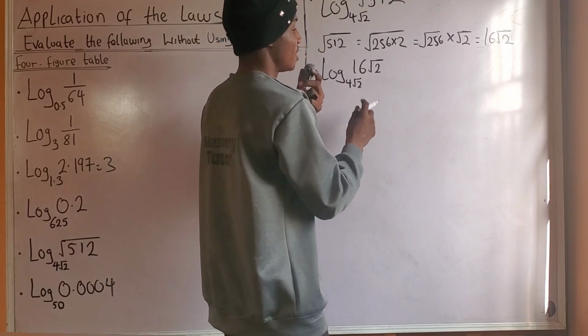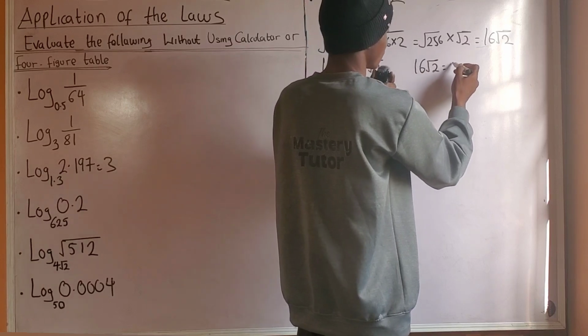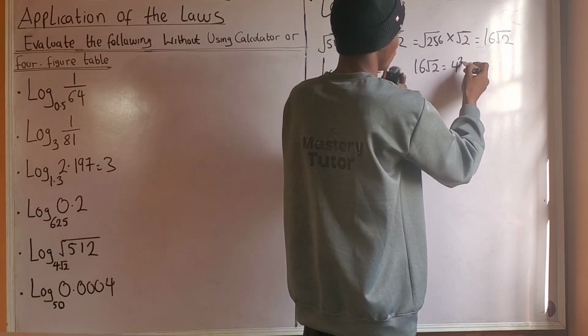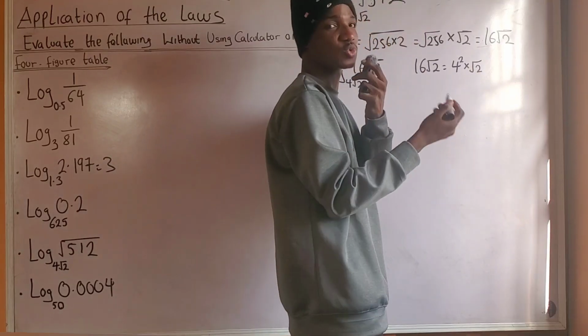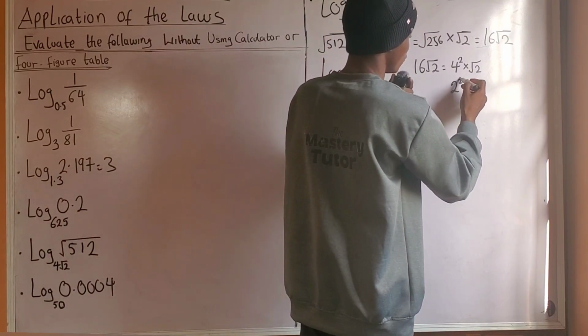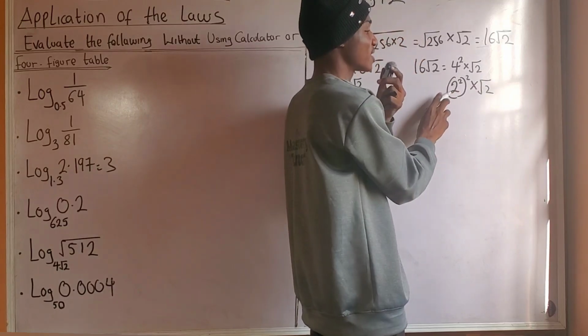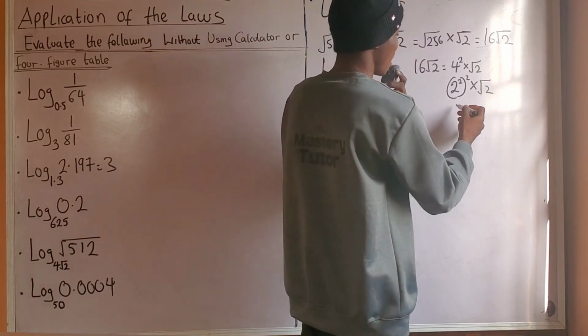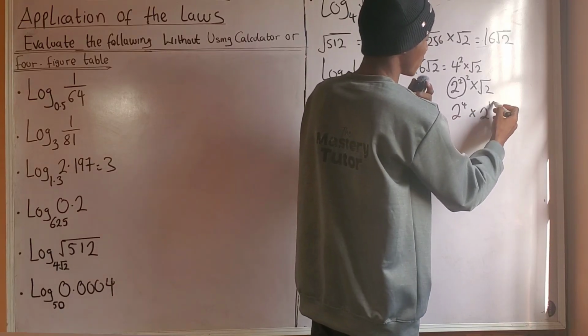Now, don't forget that 16 root 2 can be written as 4 raised to the power of 2 multiplied by root 2, right? Also, 4 raised to the power of 2 can be written as 2 raised to the power of 2 raised to the power of 2 times root 2. Do you know that 4 can be written as 2 raised to the power of 2? So I'm going to have 2 raised to the power of 4 times root 2. Root 2 can be written as 2 raised to the power of 1 over 2, right?